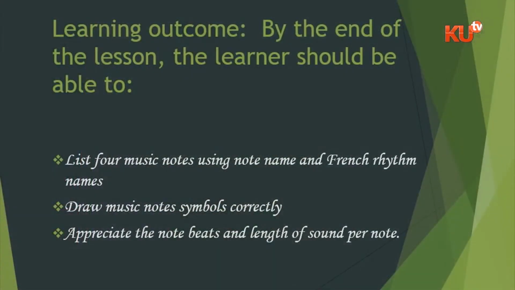Then I will expect you to be able to draw music notes symbols correctly, the music notes that we use. Then we should know how to use the music notes in their correct length and the correct sound.